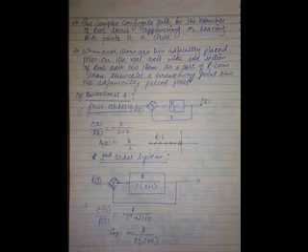Number of branches of root locus is 3. 1, 2, 3. Number of branches terminating at zeros is 2. 1, 2. Number of branches terminating at infinity is 1. One branch is terminating at infinity. समझ में आया? Yes, sir. Yes or no? Yes, sir.